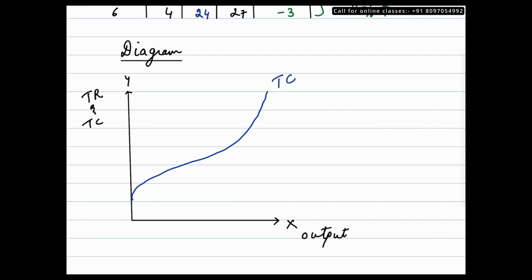So this is total cost. And for all those students who've seen the total revenue video from the costs and revenues playlist would know that when the prices are falling as output goes up, the total revenue curve is something like this. This is total revenue.